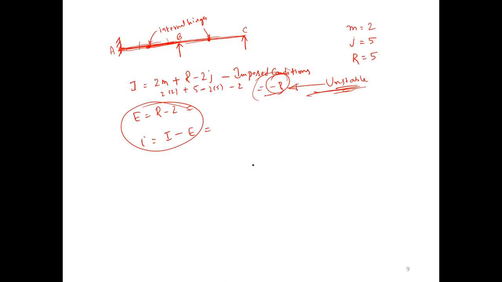Generally, these are the possibilities. One, the structure is unstable. Structure is determinate. Structure is statically determinate, that is externally.